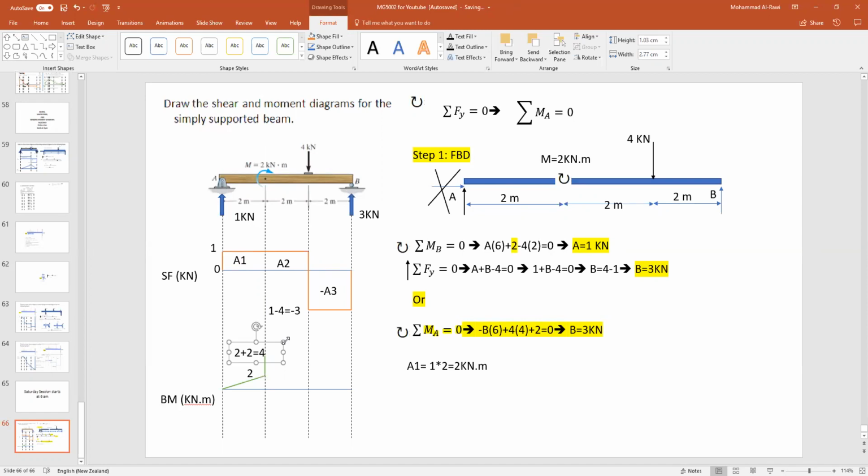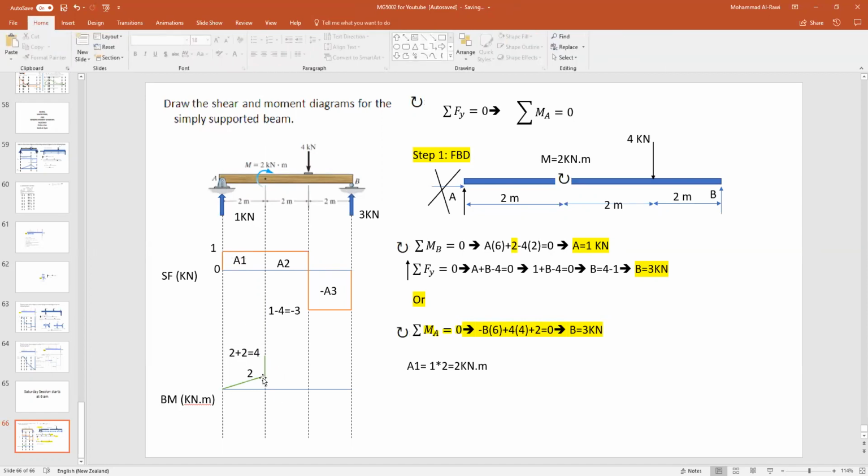Let me just adjust it and explain to you what's happened here. I stopped here at 2. Now there is another 2 kilonewton meters. It's moving up or clockwise. It's going in that direction. Therefore, I will end up adding this 2 plus 2 will be 4.